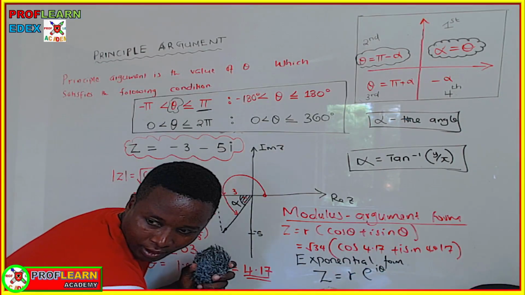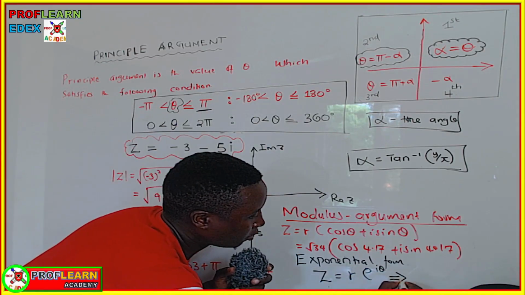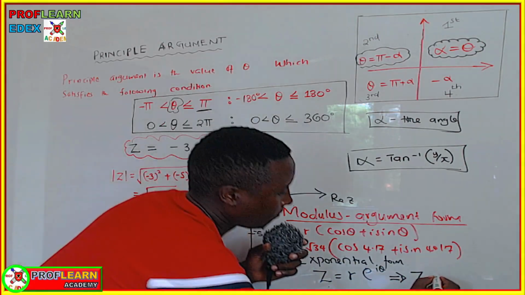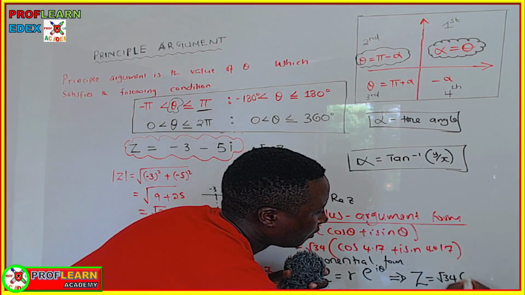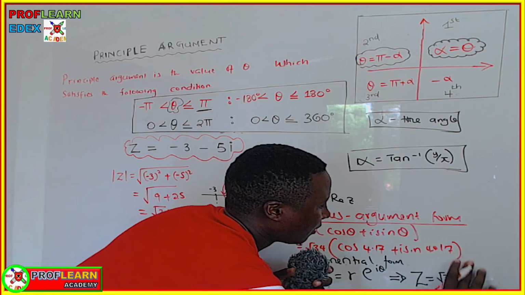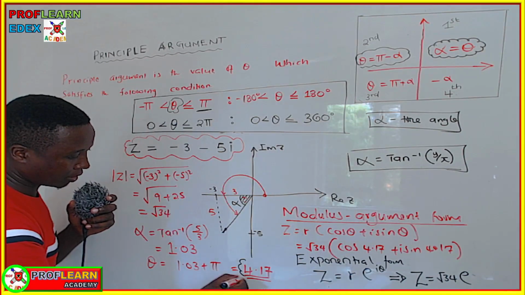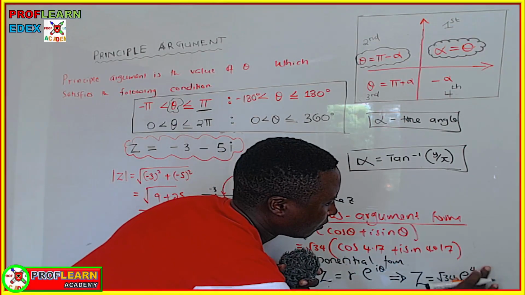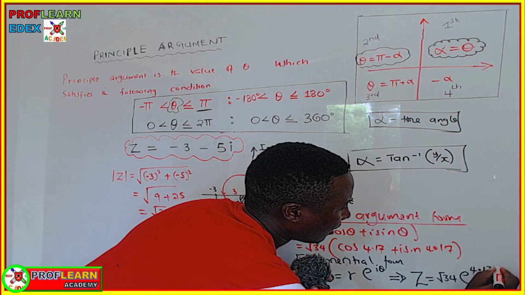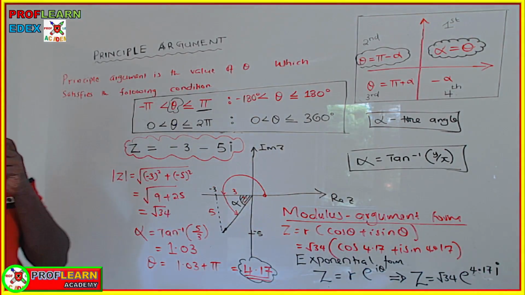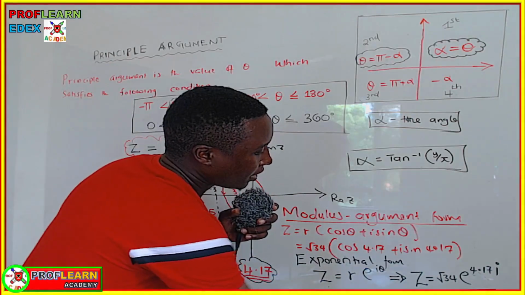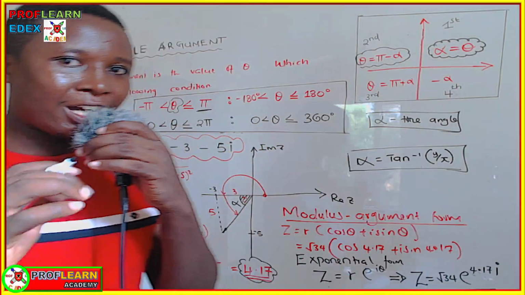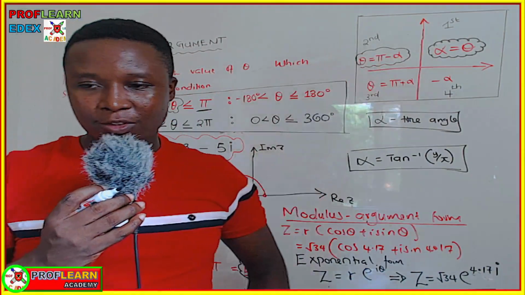So this becomes z equals root 34 e to the 4.17i. So this is now in exponential form. The most important part is understanding how to find the principal argument.